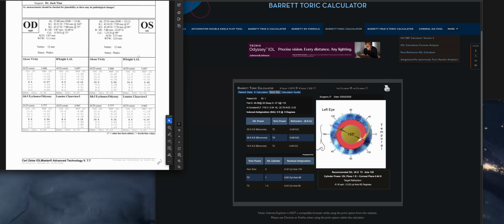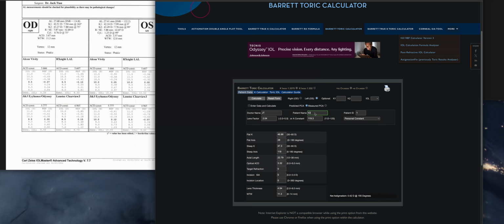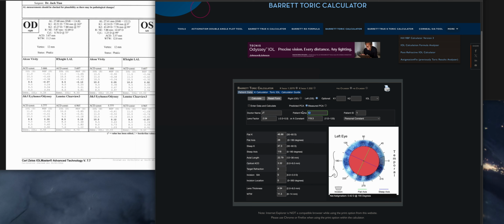Next patient. Okay, patient data. All right, new patient. Great, we're back to the right eye. 42.51, 165, 43.27, 27.68.